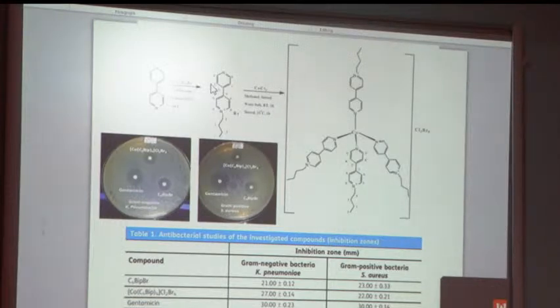And it has demonstrated medicinal activity comparable to the commercially available gentamicin, a very powerful antimicrobial agent. So by engaging the coordinating nitrogen atoms, it is possible to remove their toxicity.